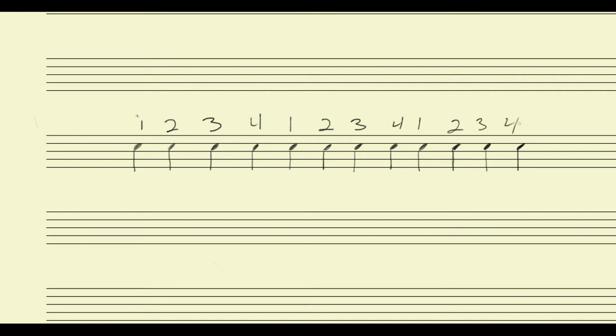Let's see how that sounds. 1, 2, 3, 4. 1, 2, 3, 4. 1, 2, 3, 4. And that's got its own distinctive feel. Again, still maybe not the most interesting thing in the world, but a little bit more interesting than just that sort of undifferentiated line of quarter notes that I started with.